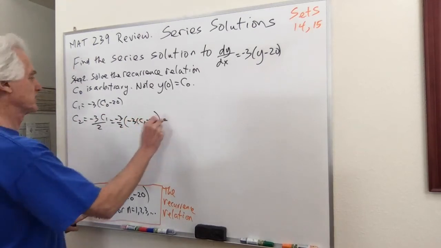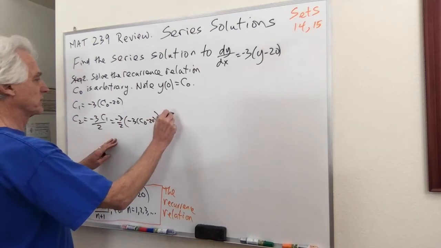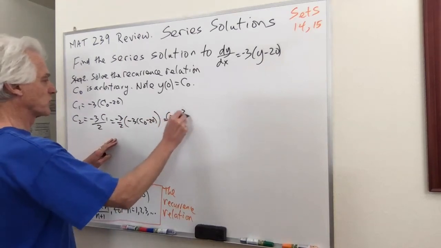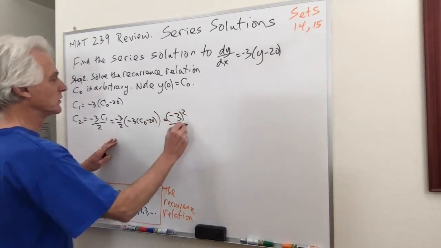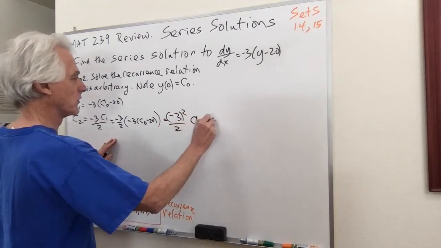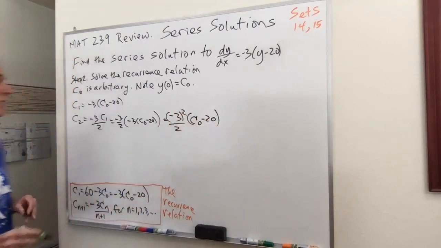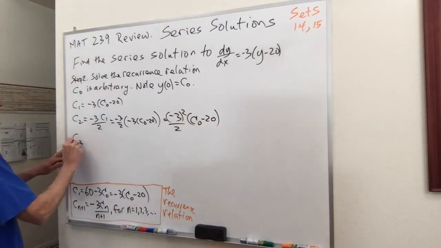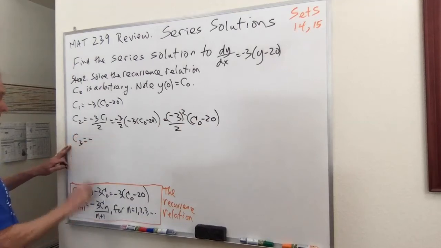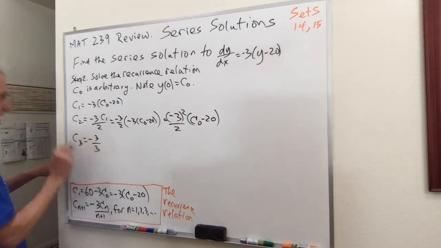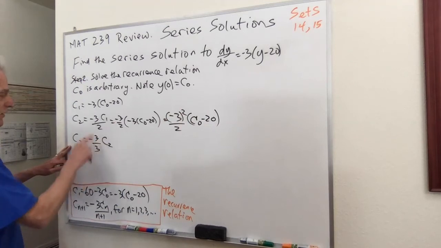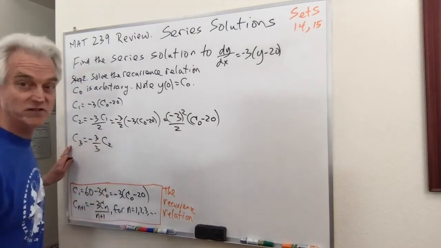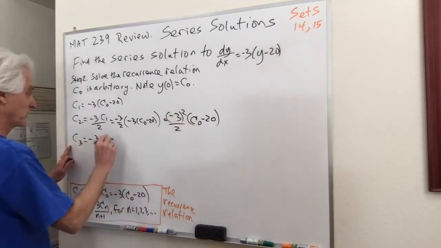So let's write this in a nice form. It's going to be minus 3 squared over 2 times C0 minus 20. Okay, and then C3 is minus 3 over 3 times C2. I don't want to cancel those because I want to try to figure out what the general form looks like.